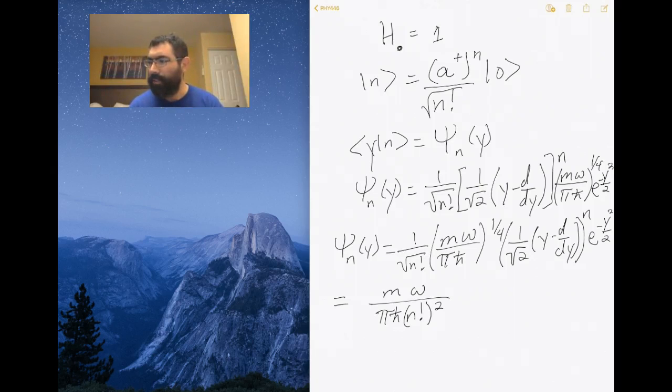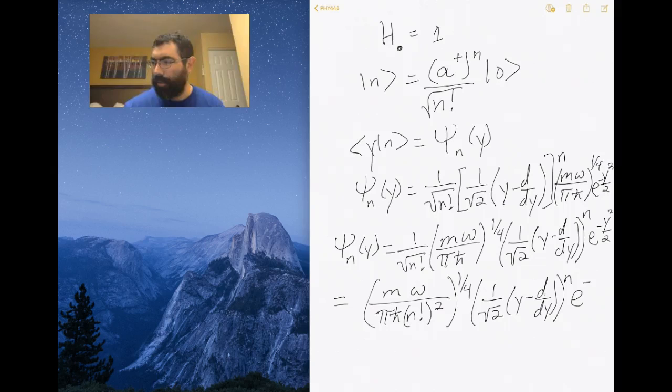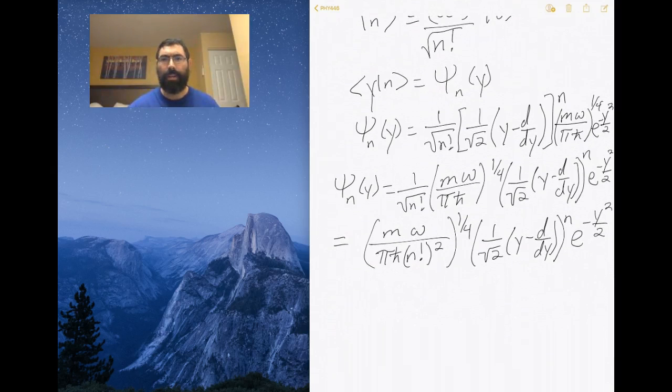And then we have 1/4, 1 over the square root of 2, y minus d dy to the n power e to the minus y squared over 2. So now that normalization constant is starting to come together and match what we had when we did use the Schrodinger approach.